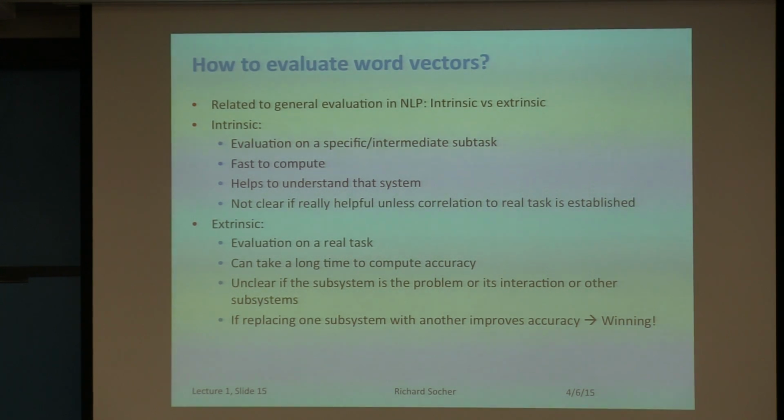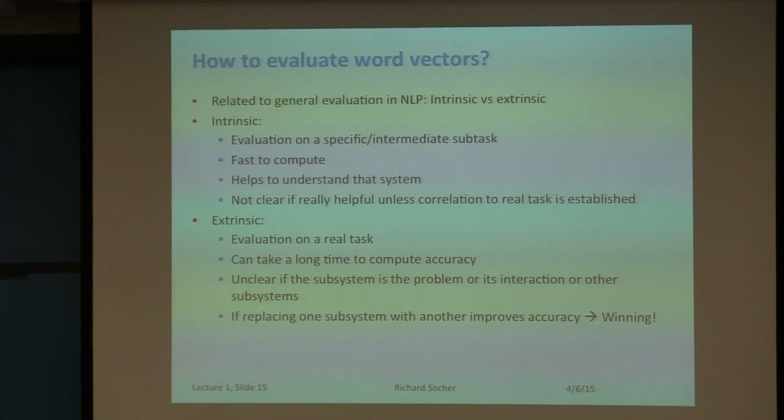And there's no clear guarantee that improving these intrinsic measures will help on downstream tasks. So ideally, whenever you do that in practice, you will actually try to develop or compute some positive correlation, so that when you improve something in your intrinsic task, there's actually also an improvement in a real task downstream.